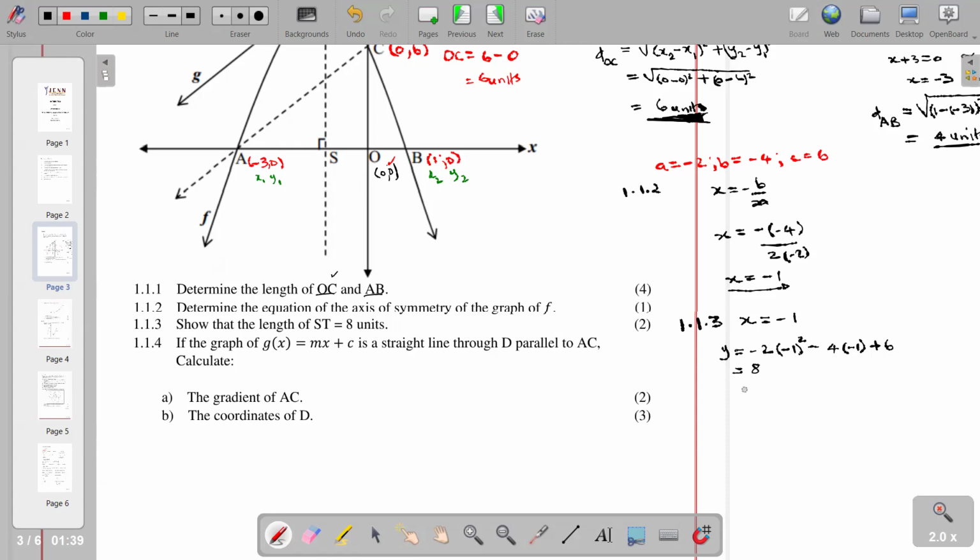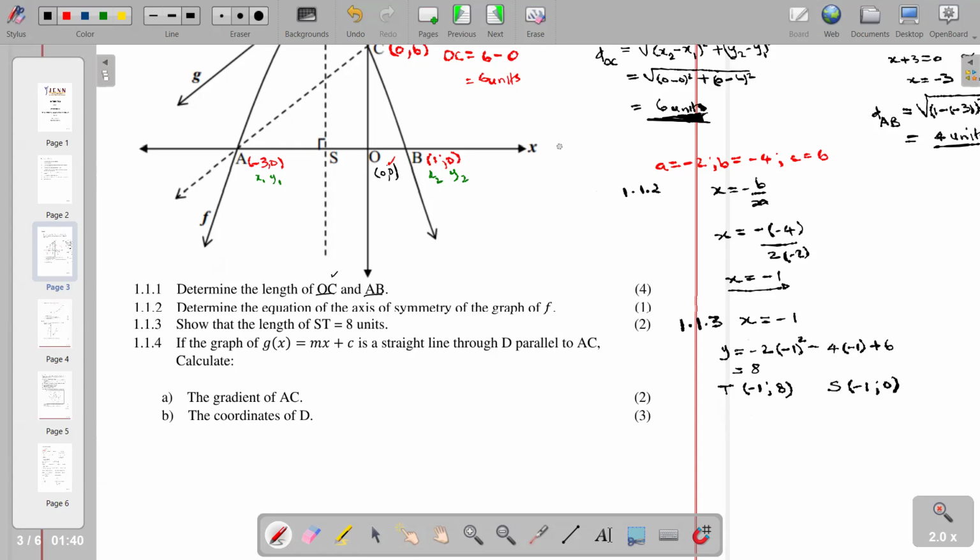So conclusively, the coordinates of T, since T is the turning point, are minus 1, 8. The coordinates of S, where S is a point on the x-axis, are minus 1, 0. ST is a vertical line.